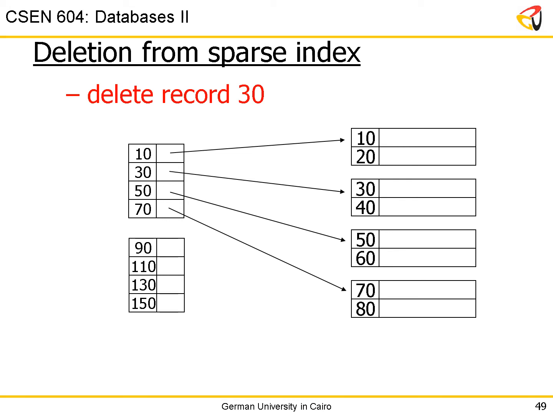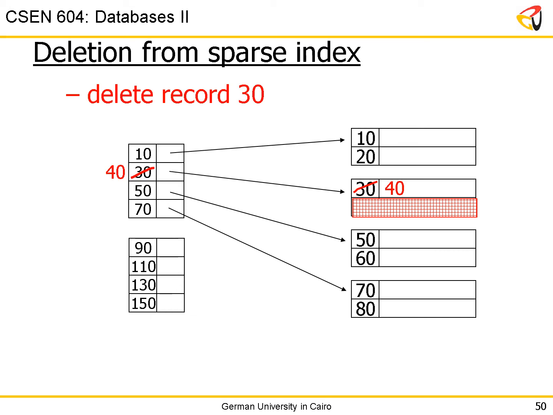What about deleting 30? Let's say we would like to delete 30. Again, we are going to load the first page of the index. We'll find the 30 right away doing binary search, and we'll follow the pointer beside 30 to the second page in the table. We will load that, we'll find the 30, and we will remove it. But once we remove it and it's gone, now we will have to update our index because we have to have at least one reference pointing to every page.